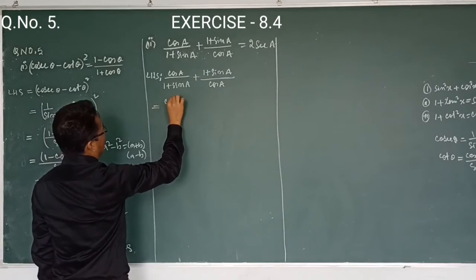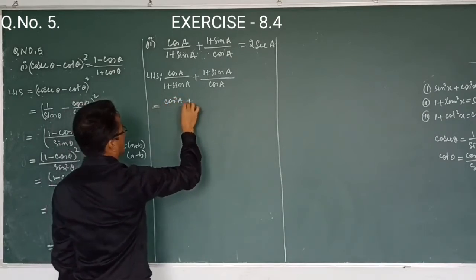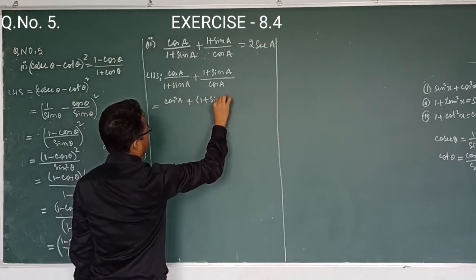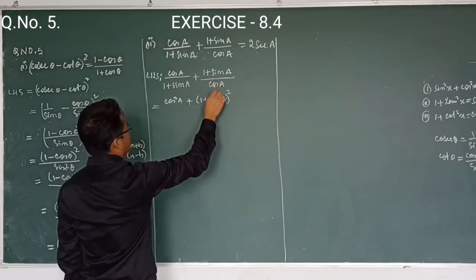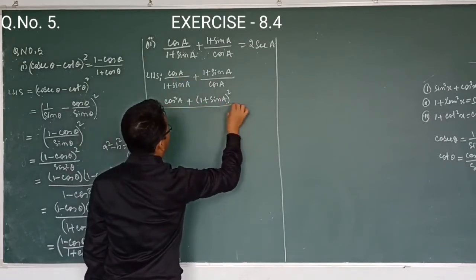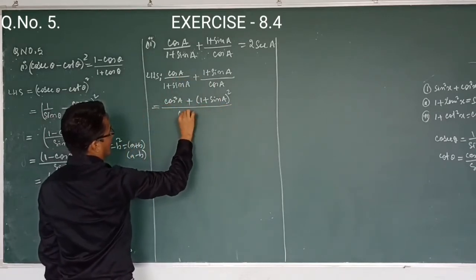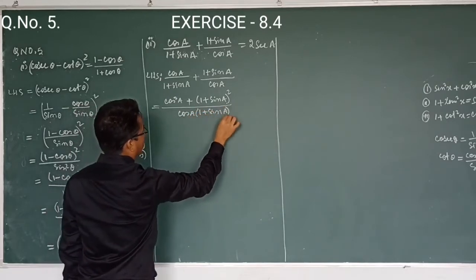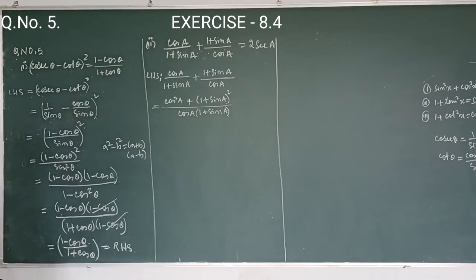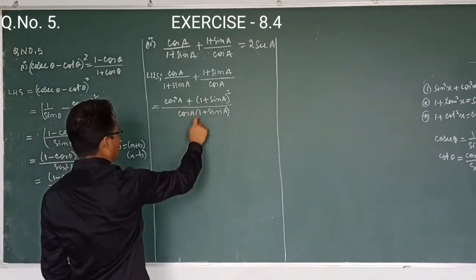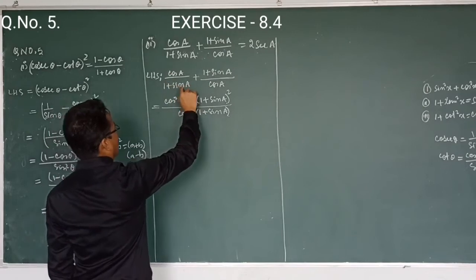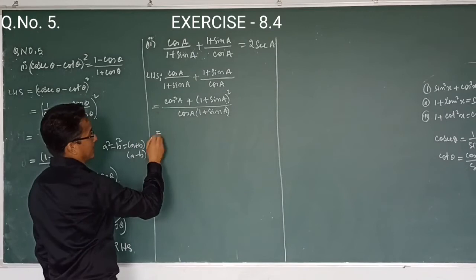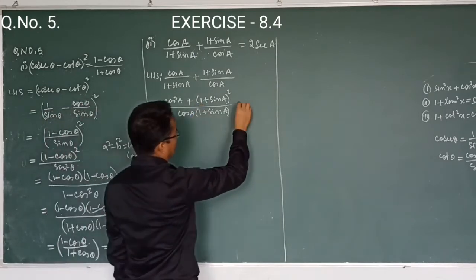This is cos square A plus (1 plus sin A) whole square, over cos A times (1 plus sin A). I multiply this here and this here, then I get it in this way. Next step, this is (A plus B) whole square.